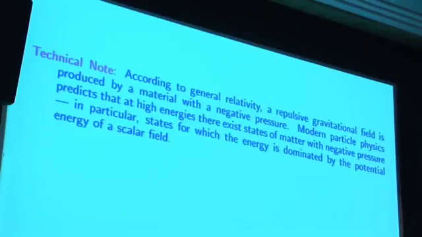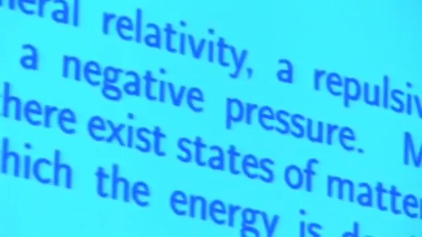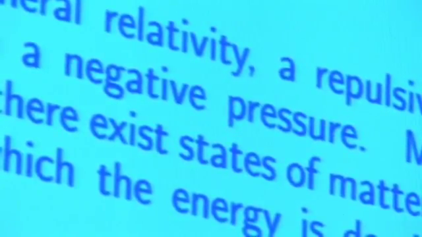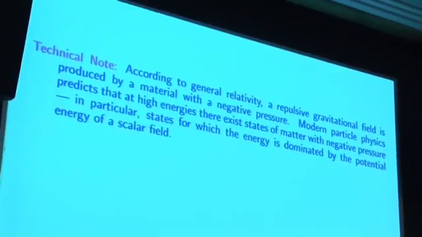And furthermore, particle theories tell us that you can create states of negative pressure, but in particular, states for which the energy is dominated by the potential energy of a scalar field are states that will have a negative pressure. And that's basically how inflation works. It's based on states which are dominated by the potential energies of scalar fields, producing negative pressures which produce repulsive gravity, which cause the universe to rapidly begin to exponentially expand.